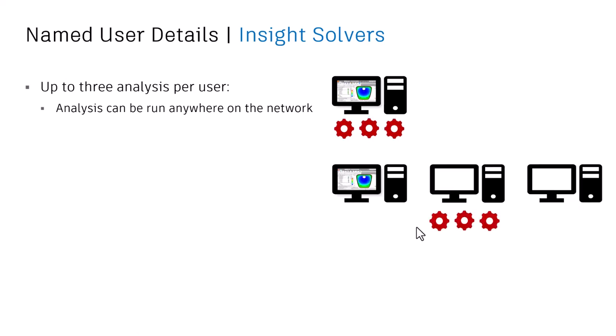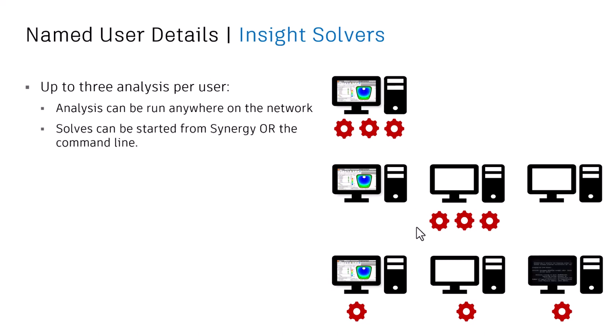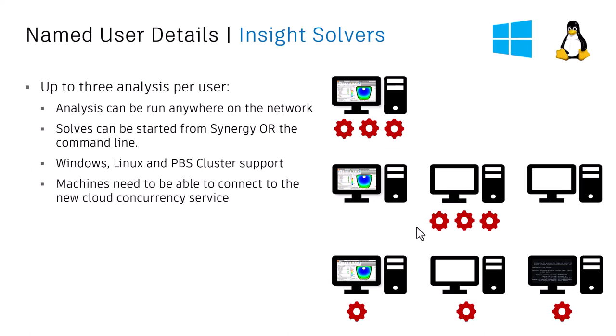There is no change in the way you can run the 3 analyses on a single machine, or 2 analyses on a second machine in the network, or completely distribute your analyses onto multiple machines as you've been doing earlier. And we continue to support Windows, Linux, as well as PBS clusters as we've been doing earlier.